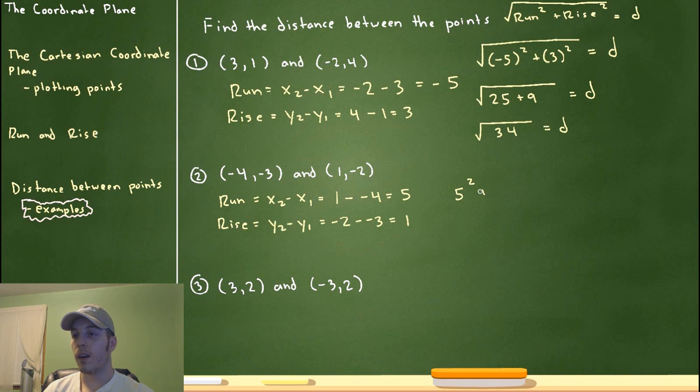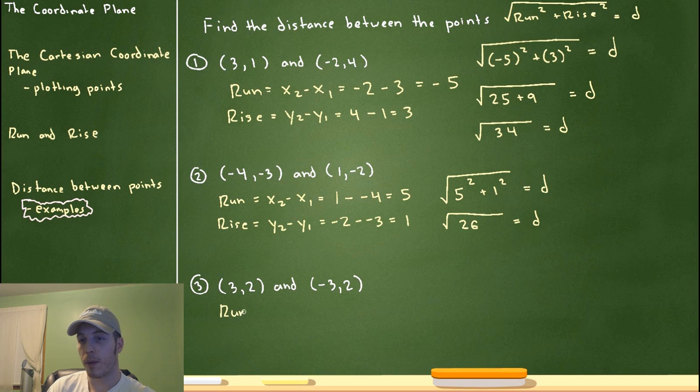We're going to have 5 squared plus 1 squared underneath that square root, and that's going to equal d. That follows this formula here, the distance formula. And this is 25 plus 1 is 26. So the square root of 26 is equal to d.